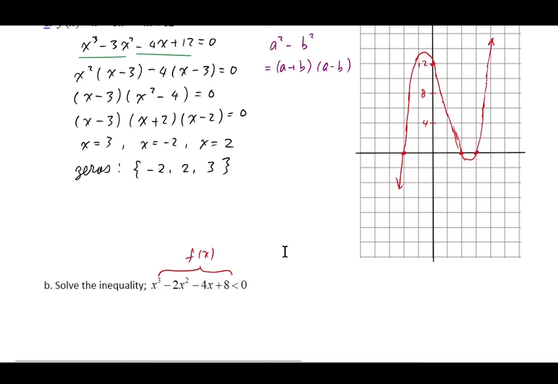In order for that to happen, I have to take this part right here and that part. So my x values are this part and this part, aren't they? So the solution to that inequality is, this is negative infinity once again, so negative infinity to -2.